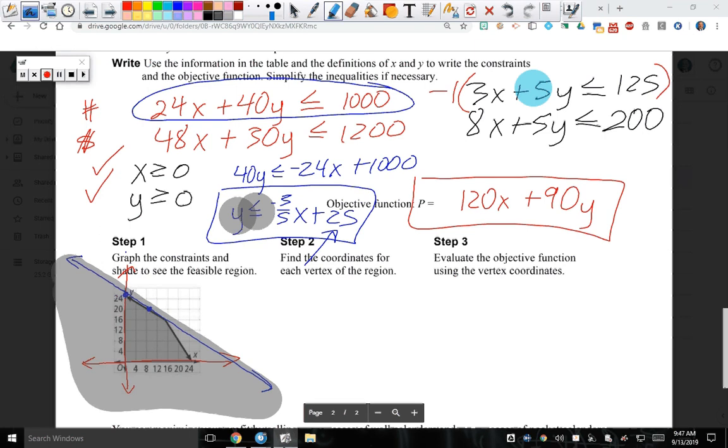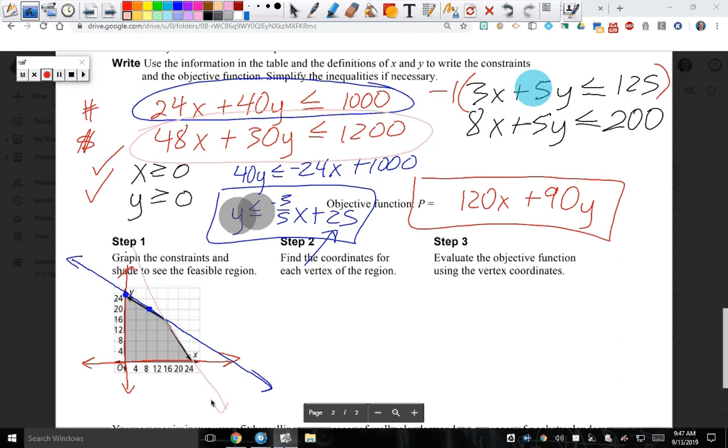Okay, just a reiteration. And then sure enough, if we solve for y on this equation here, we would get this line right here, and basically looking at everything on or below that function would be the less than. Okay, so our biggest points of interest are going to be at this corner, this corner, this corner, and this corner.